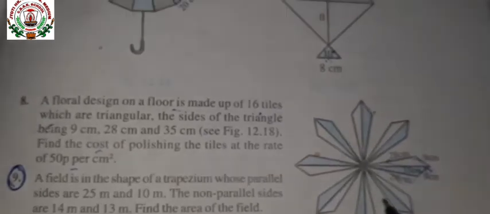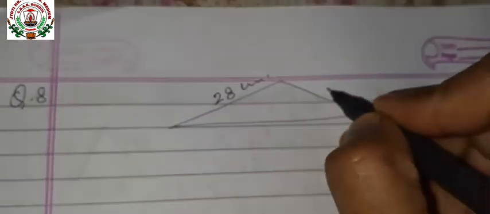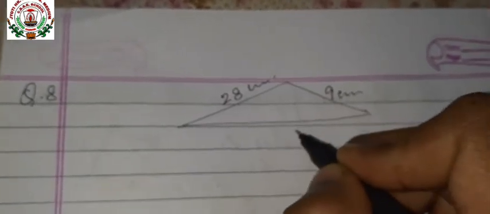Now let us move with the question solution. Question number 8. The triangle is likewise, and this measurement is 28 cm, this is 9 cm and this one is 35 cm.